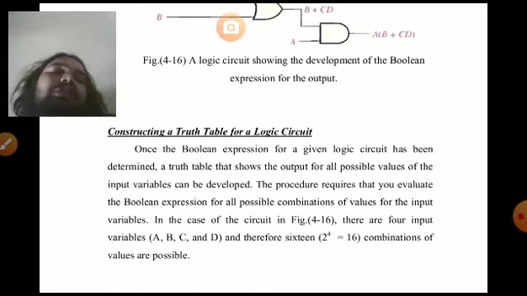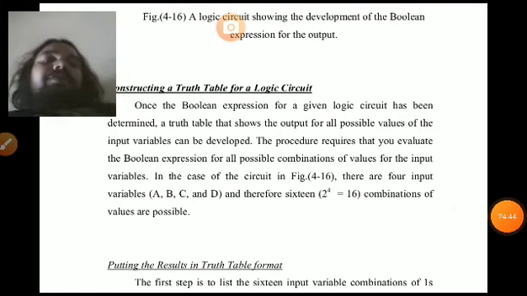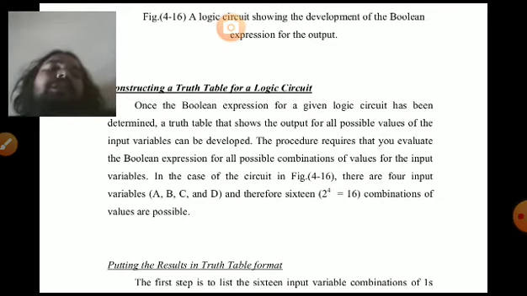Constructing a truth table for a logical circuit. Once the Boolean expression for a given logical circuit has been determined, a truth table that shows the output for all possible values of the input variables can be developed.